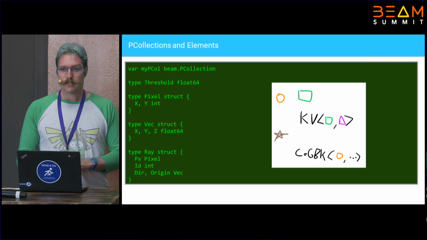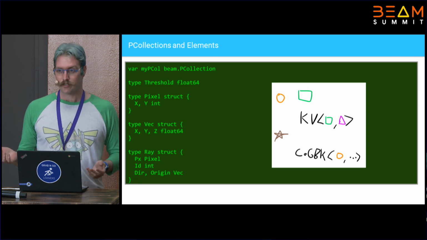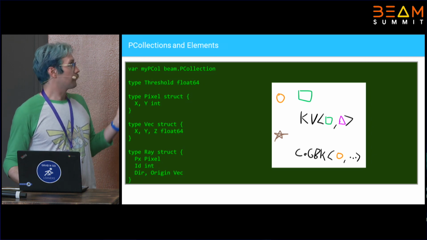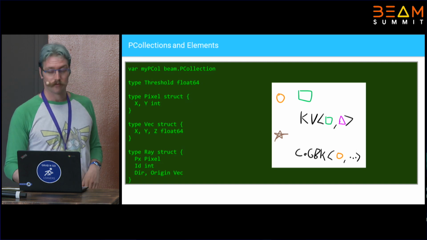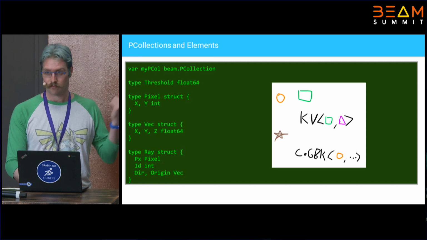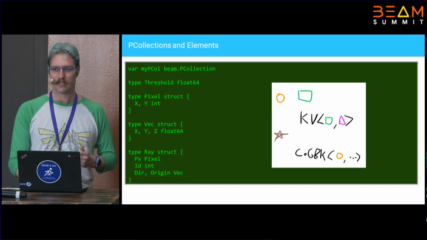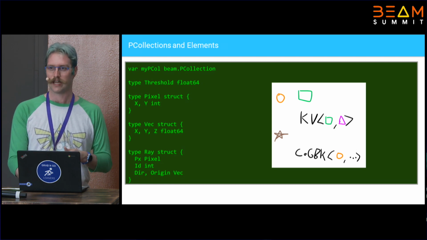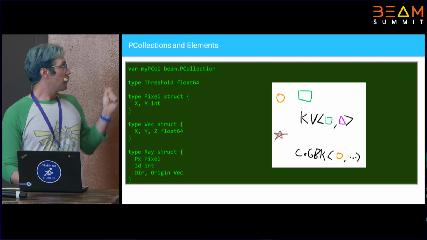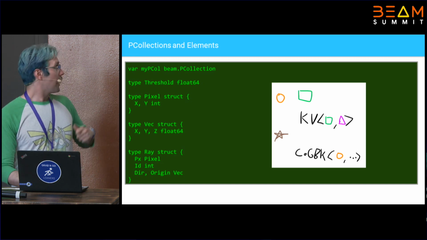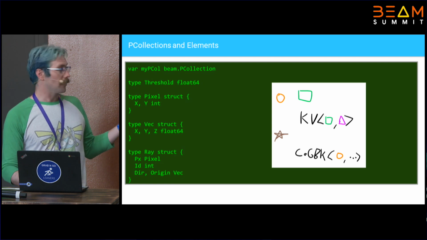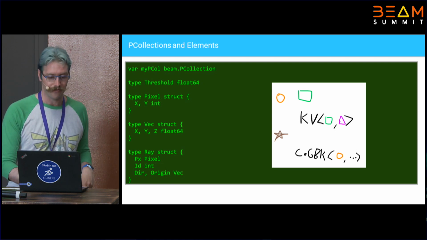So PCollections and elements can be any arbitrary Go type. From renamed Go types, where you are just type segregating an underlying primitive type, to structs with various fields, or even more advanced structs with sub-definitions.